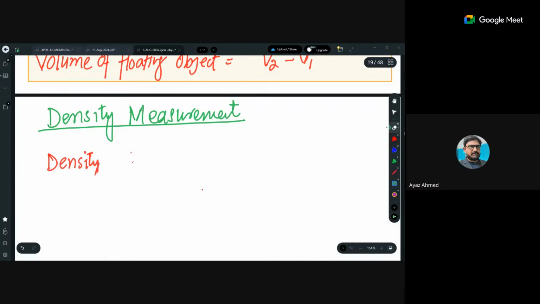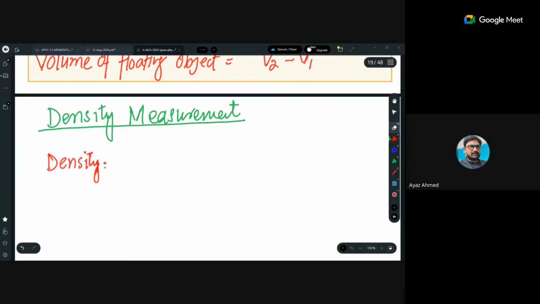Exactly, in a volume. I mean to say that how heavier an object is for a specific volume of that. If I select a specific volume of any substance, then I check this much piece of metal would be how much heavier. So the heavier piece of the identical size or volume will have more density.